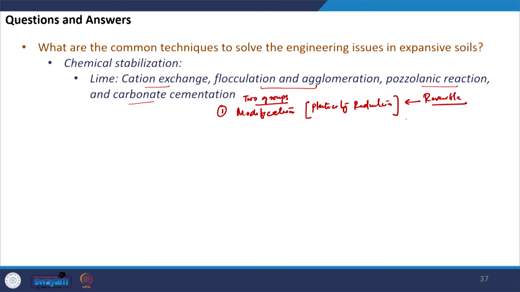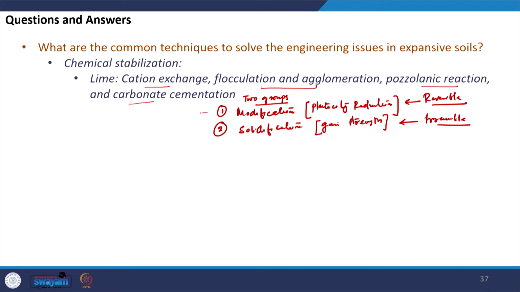So, this modification process is more of reversible in nature. Then we have the second part, which is solidification, which is an irreversible phenomena, and this helps to gain strength, and this is irreversible, all right.